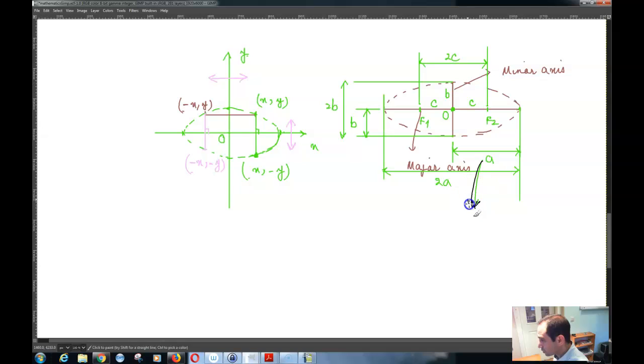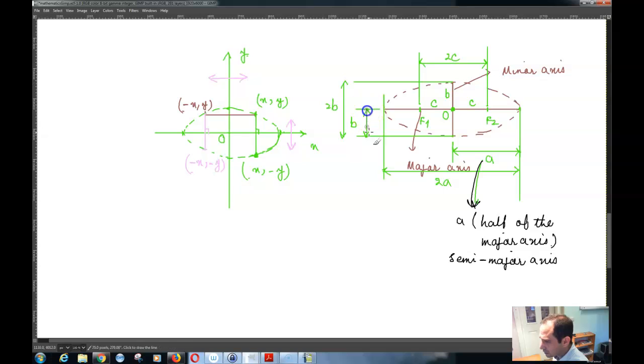This distance over here, a, which is half of the major axis, is called the semi-major axis.